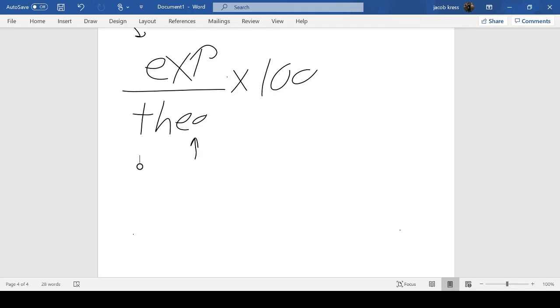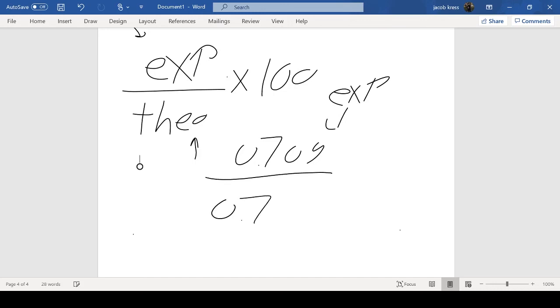Let's say we got 0.70 grams. Well, we know that so that would be our experimental. And we know we should have got 0.75 grams. So if you do this, you get 0.933 on to infinity.